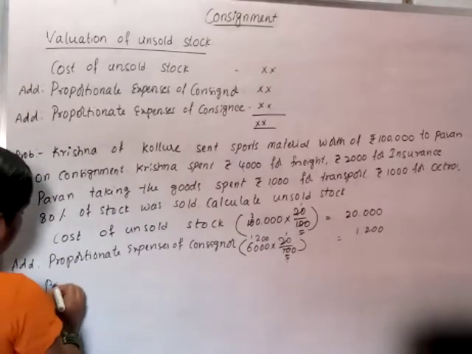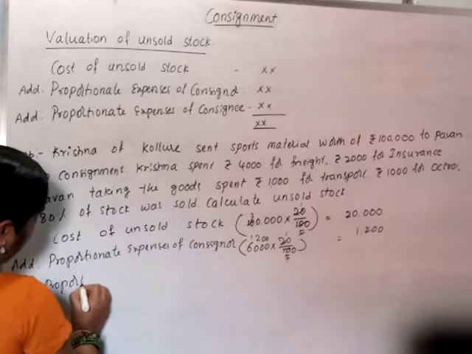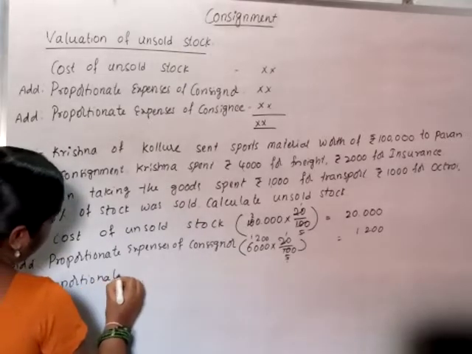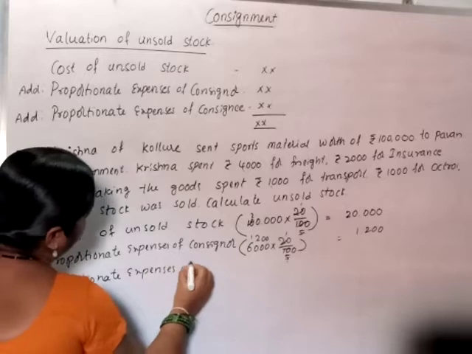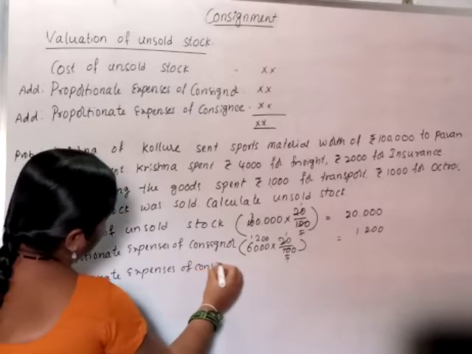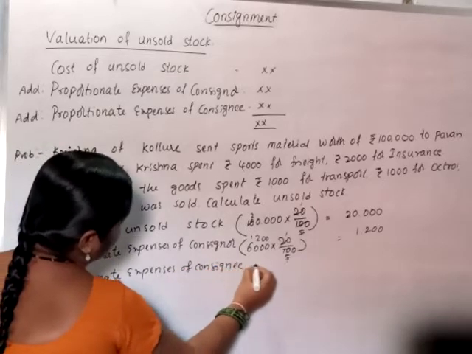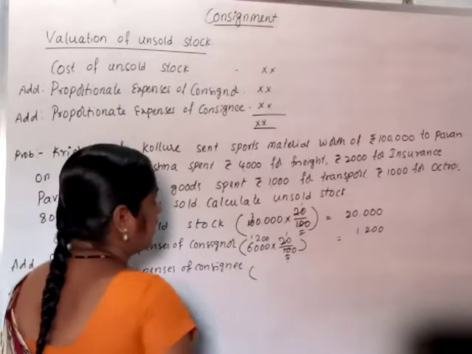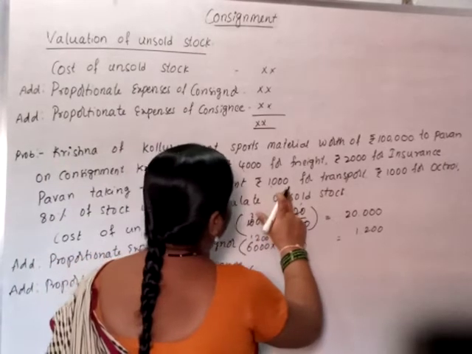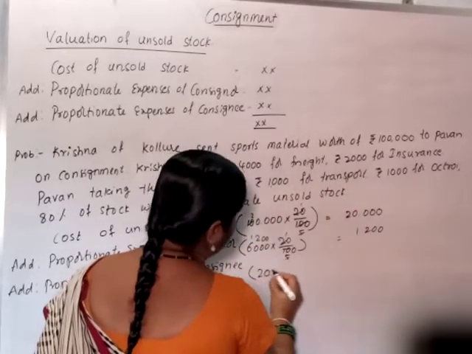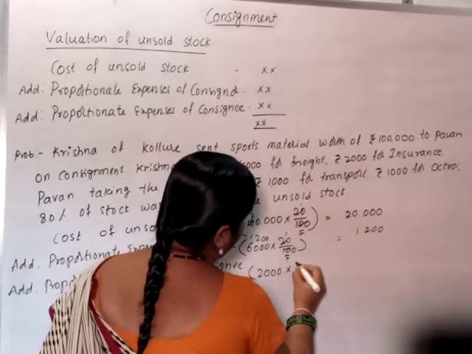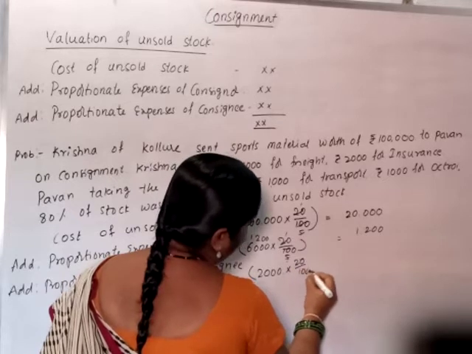Again, add the proportionate expenses of the consignee. In this problem, both the expenditures of the consignee are non-recurring only, so we have to take them: 1,000 for the transport, 1,000 for the octroi. So total expenditure is 2,000 into the unsold proportion 20%.